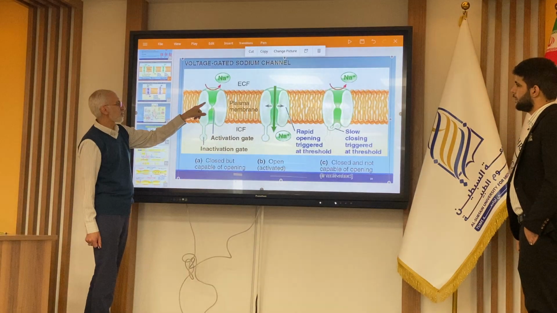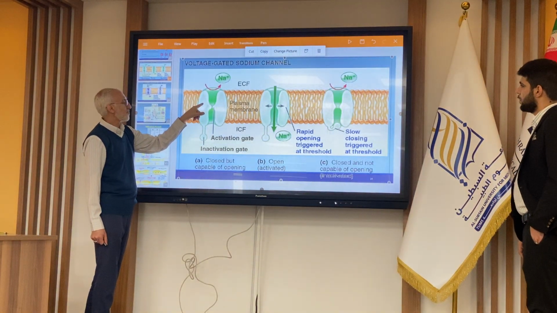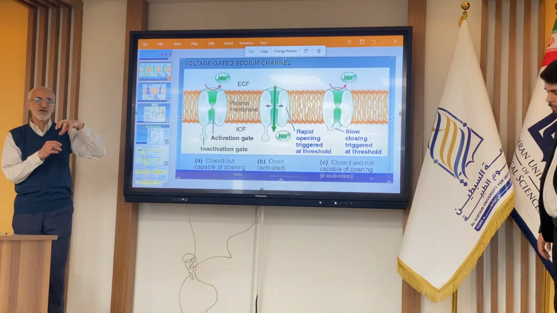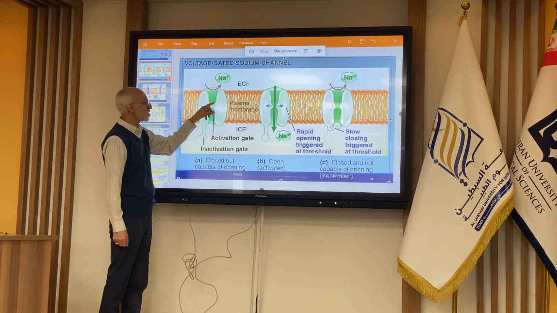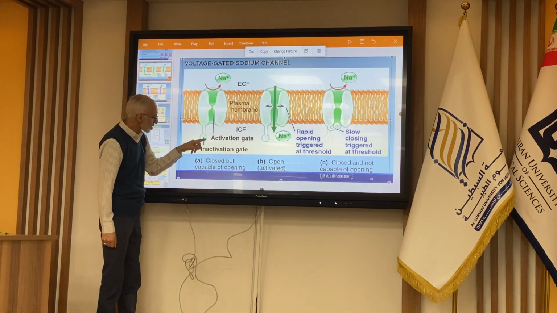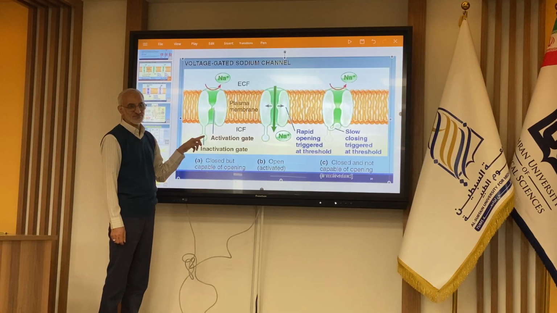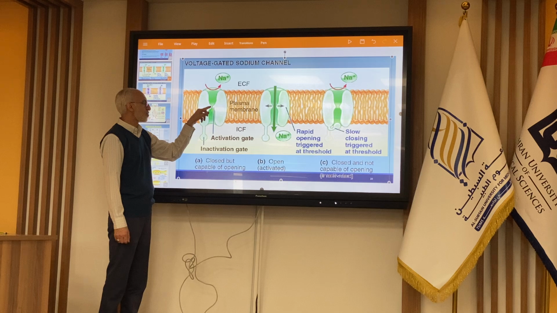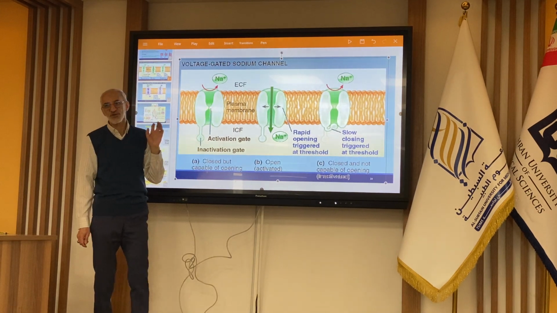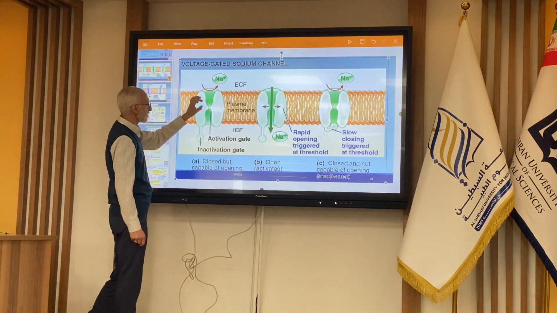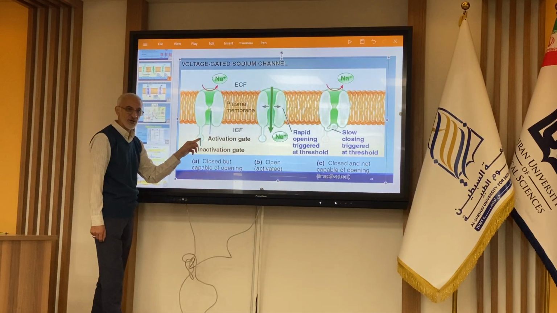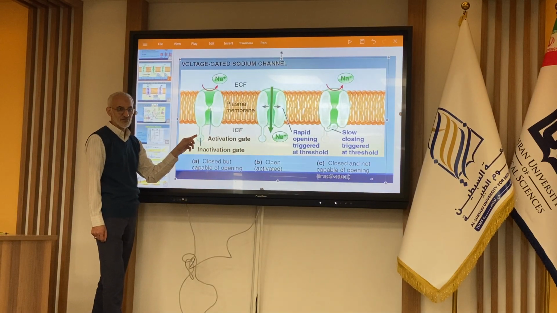Above the activation gate here, we have a ring of special amino acids that have high affinity for this part, the inactivation gate.